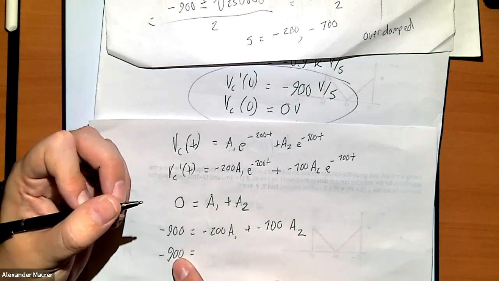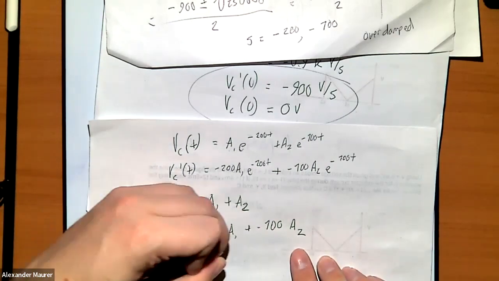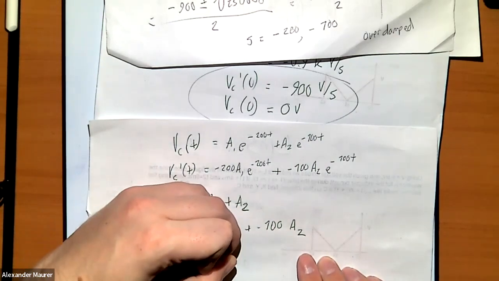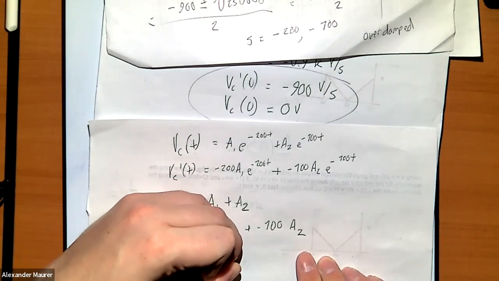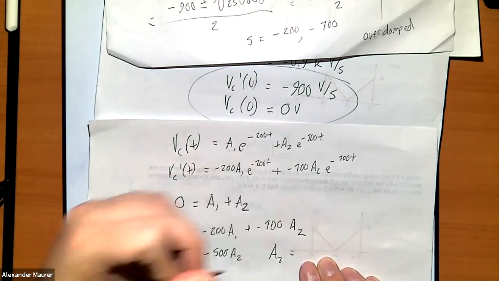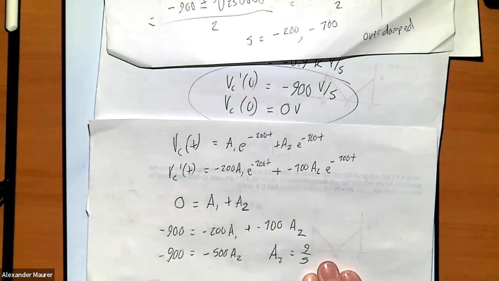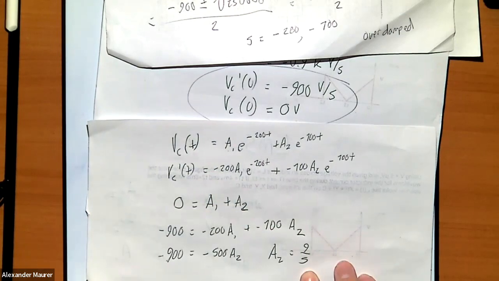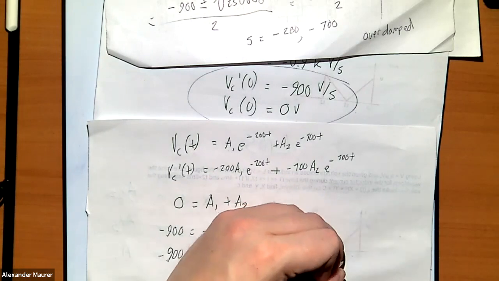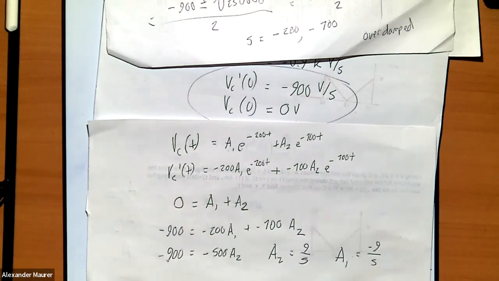Since this is 0, it doesn't change the left-hand side. So adding 200 of this takes us to negative 500 A2. And therefore, A2 is just equal to 9/5. And then plugging that back into our first equation, A1 is equal to negative 9/5.